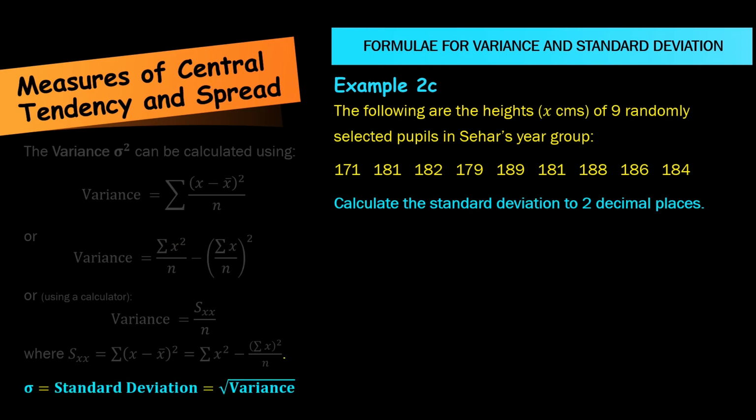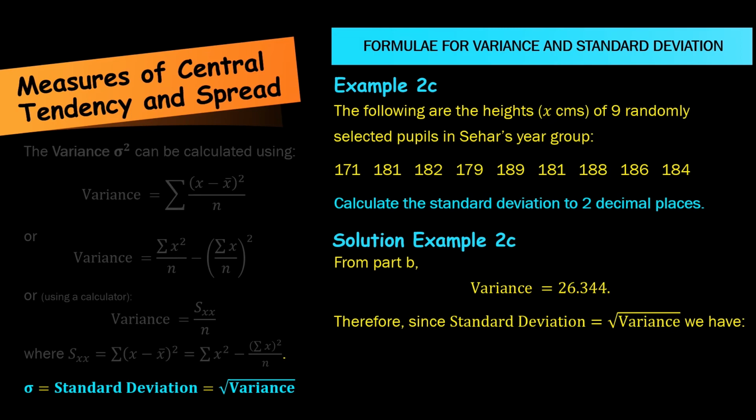And finally for part C, we are required to calculate the standard deviation to 2 decimal places. As you can see, the formula for the standard deviation is square root of variance. So let's solve this. From part B, we have that the variance is equal to 26.344.